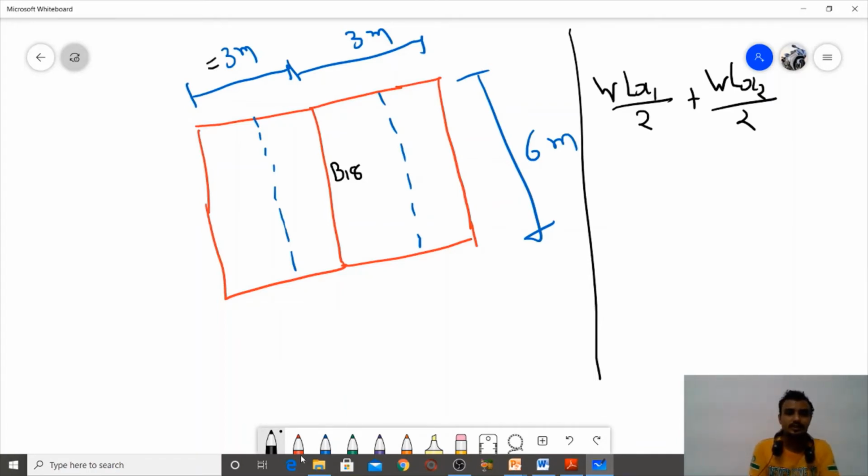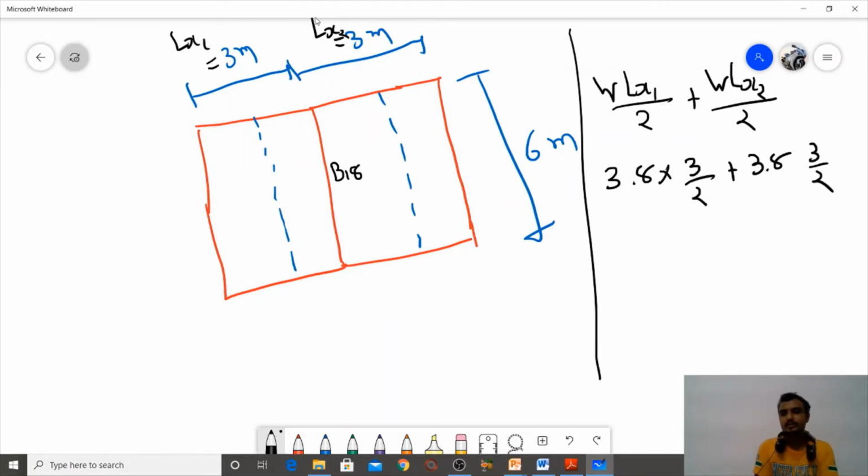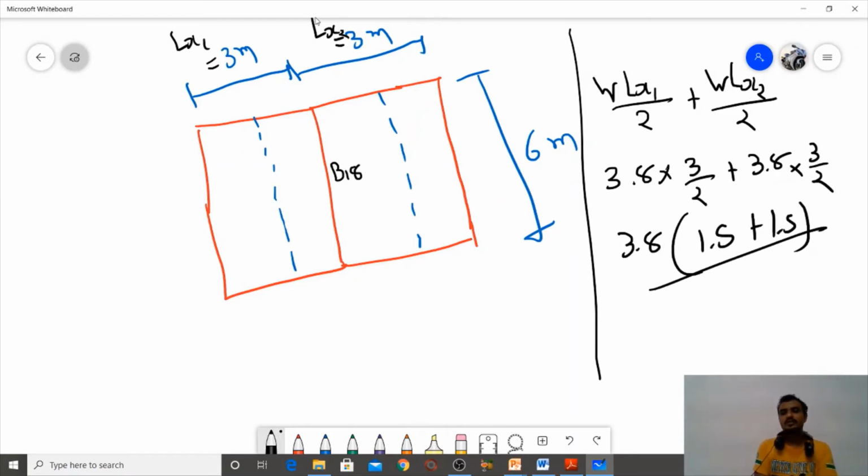Lx1 means here, and I call this one Lx2. So W is the total load 3.8 on the slab into Lx1, so 3 by 2, plus 3.8 into 3 by 2. So I take 3.8 and 1.5 plus 1.5. This is the equation.